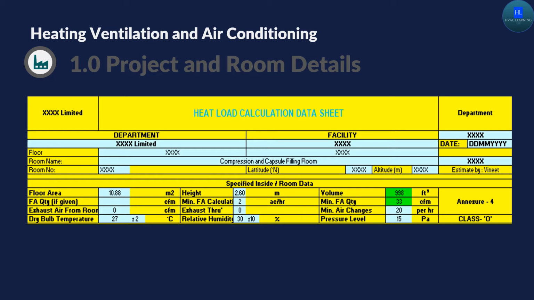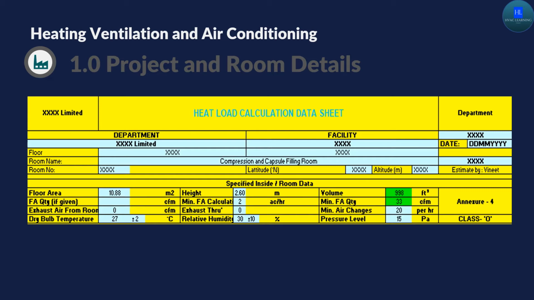After that, we need to collate the latitude and altitude of that particular location, basis which we need to compile the data from the ISHRAE guideline or from the ASHRAE guideline in terms of various ambient conditions during the different seasons, maybe summer, winter or monsoon.